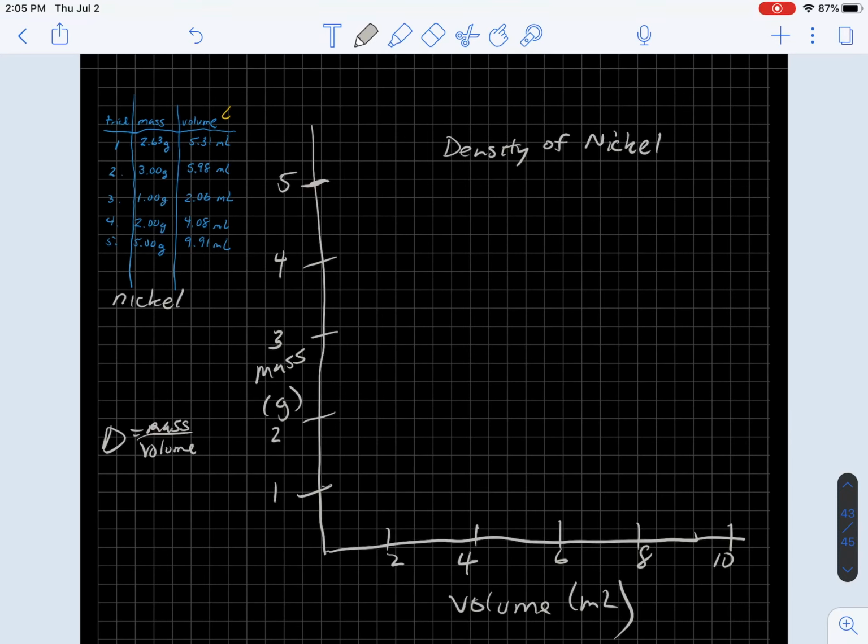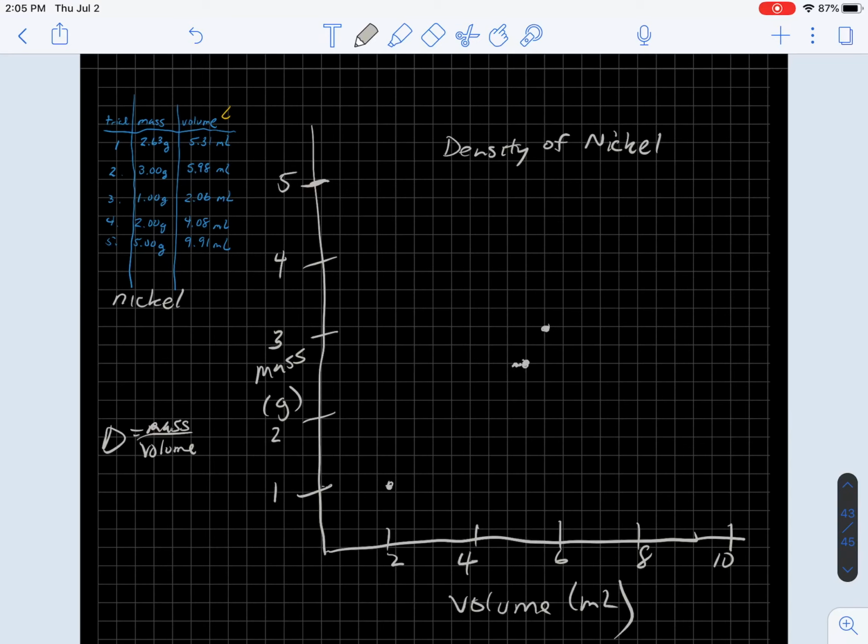And now we're going to plot points just like we do in algebra. So we got 2.63 grams and approximately 5.3, actually should be over here, milliliters. And then we got 3 grams at around 6 milliliters. And we got 1 gram at around 2 milliliters.